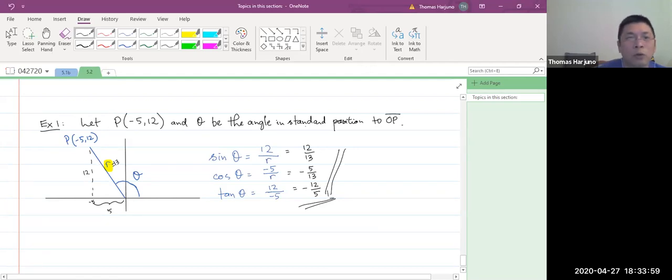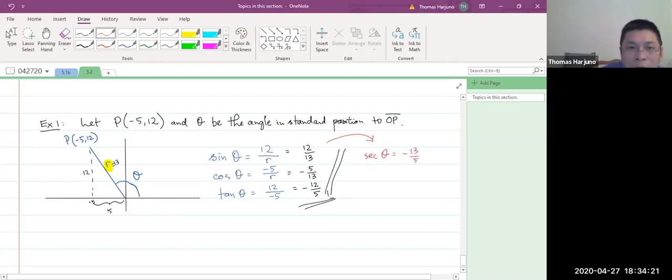Now, of course, if you want to go on, just to make your life a bit harder, life is hard anyway, what is secant theta? Secant theta is the reciprocal of cosine, that's -13 over 5. You see the way I answer secant theta? I do it from cosine.